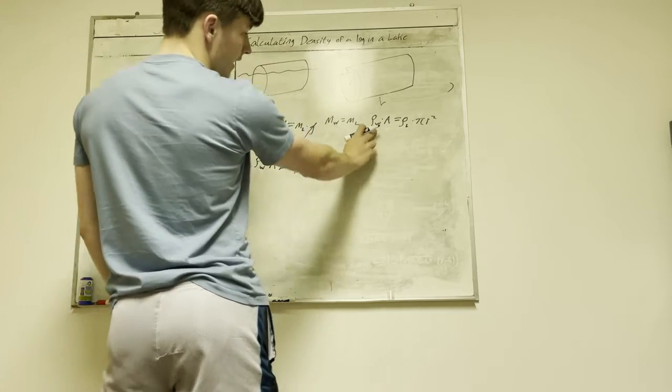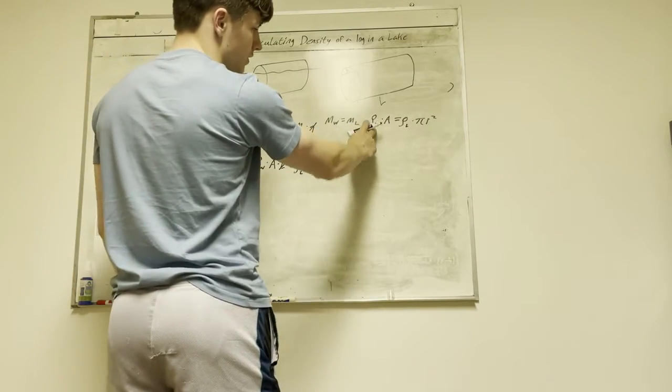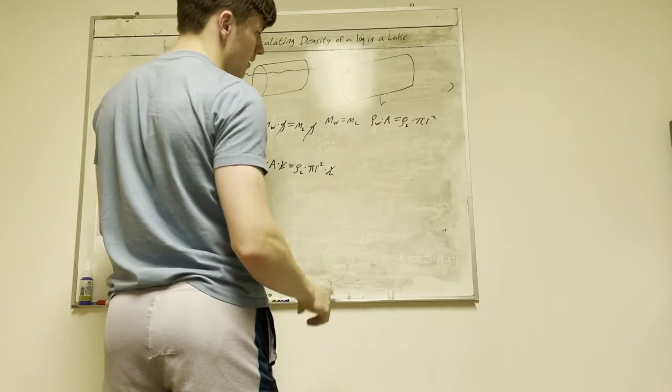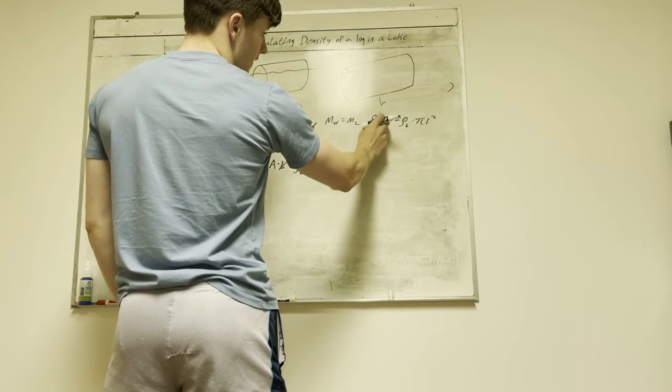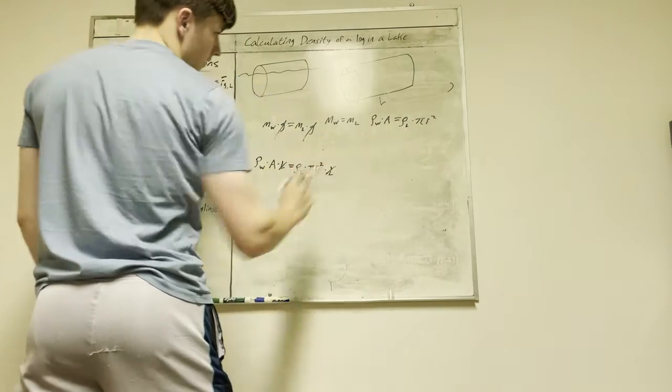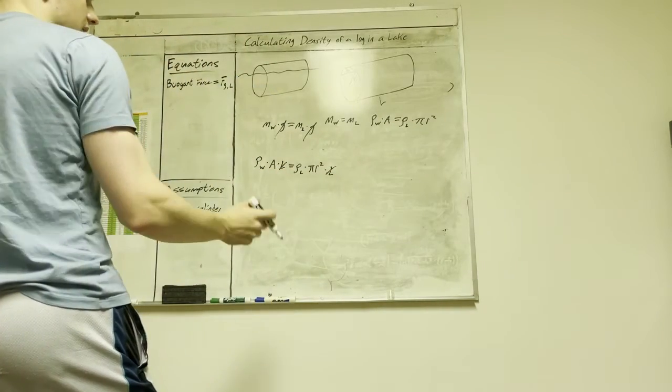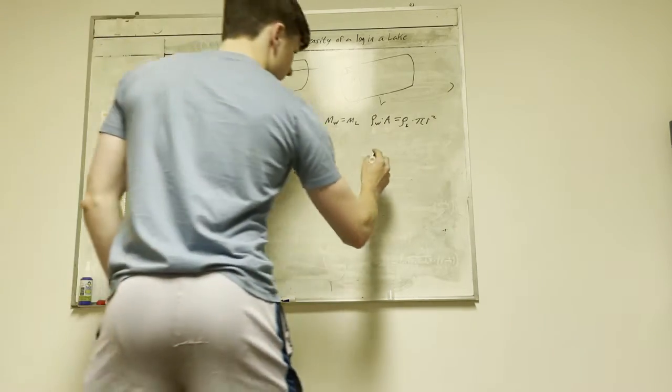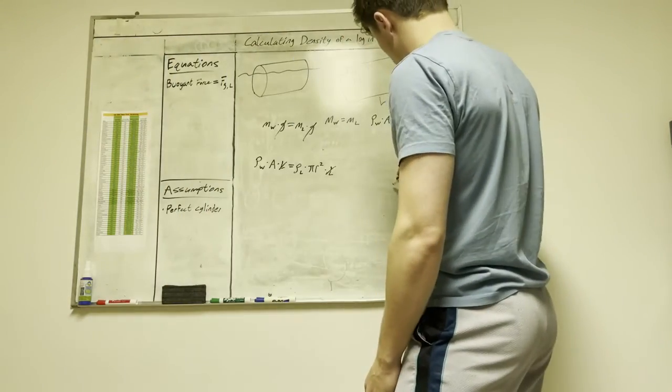The density of the water is a known value, which is 1,000 kilograms per cubic meter, and we need to solve for A so we can isolate and later solve for the density of the log. So that being said, let's get this circle and redraw it.